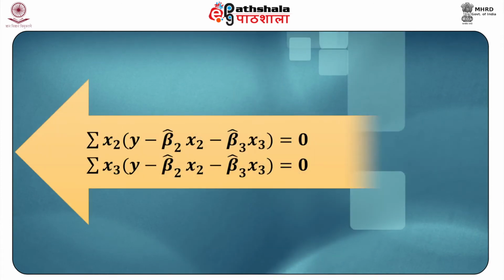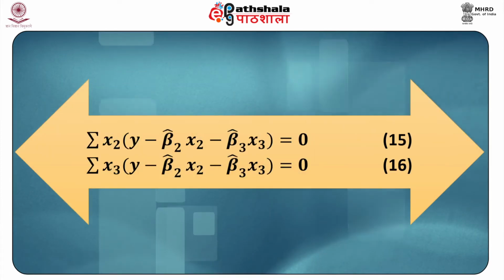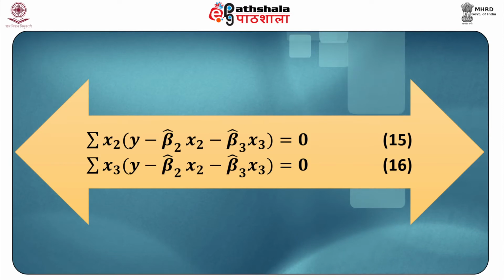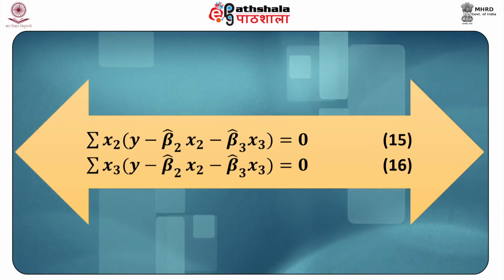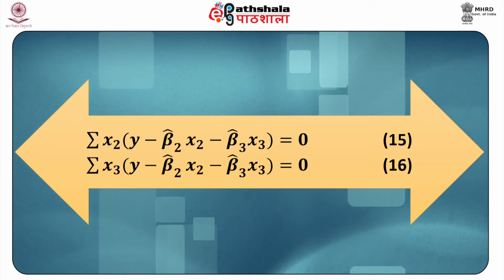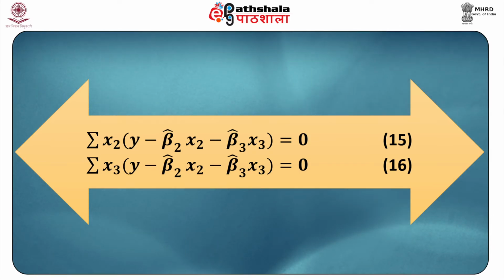If we ignore this i subscript, because we know by now that i ranges from 1 to n, the 11th and 12th equation can be written as sigma x2 into y minus beta 2 hat x2 minus beta 3 hat x3 equal to 0, and is equation 15. Similarly, we also obtain sigma x3 into y minus beta 2 hat x2 minus beta 3 hat x3 equal to 0, and this is our equation 16.